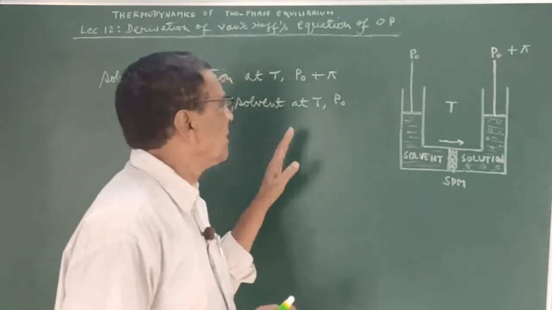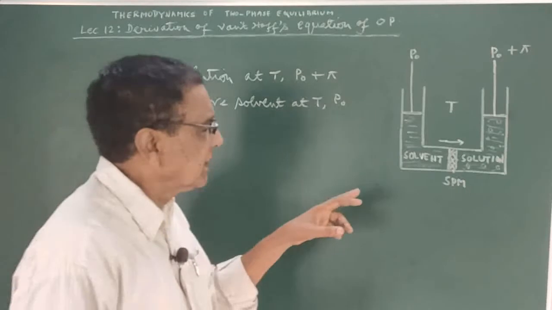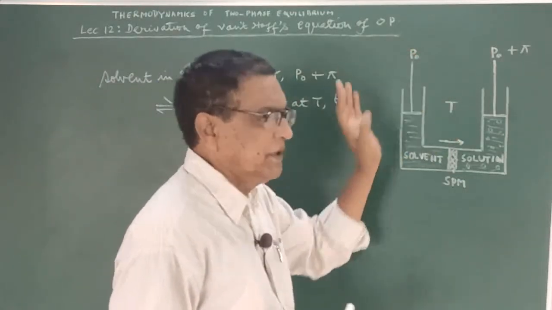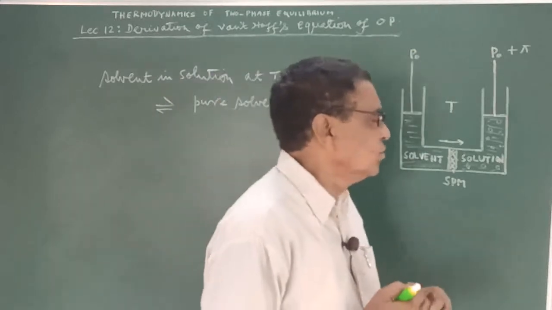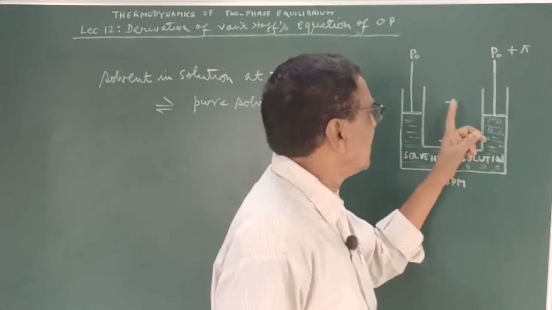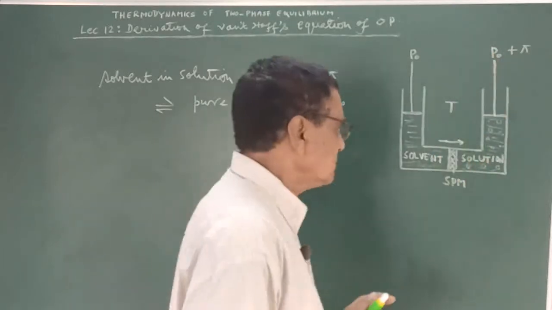So the thermodynamic condition for this equilibrium is that the chemical potential of the solvent at temperature T and pressure P0 is equal to the chemical potential of the solvent in solution at temperature T and pressure P0 plus pi.